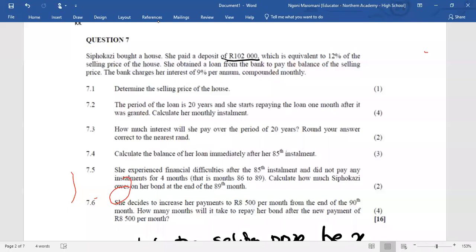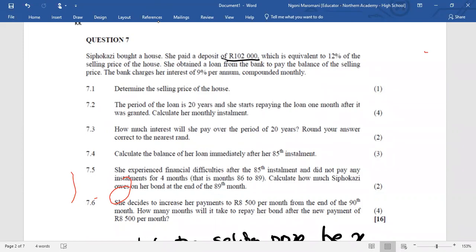So if you pay a deposit of 102,000, you did not borrow that amount. When you are buying a house, you must already have something which you use as your deposit. So 102,000 is the deposit, which he was already having. That is not the borrowed amount.